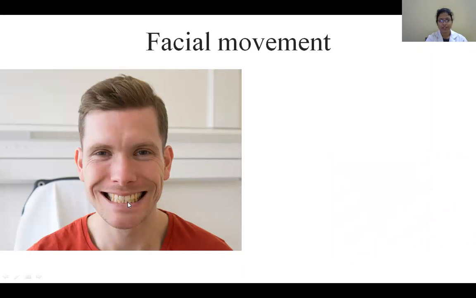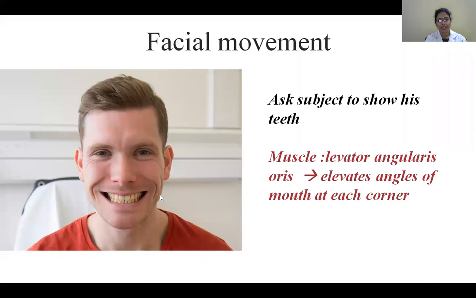Next muscle to assess, we ask the subject to show his teeth like this. So when he shows his teeth, what you look for is the angle of the mouth. So by doing this action, we are assessing levator anguli oris. Contraction of this muscle causes elevation of the angles of mouth at the corner.